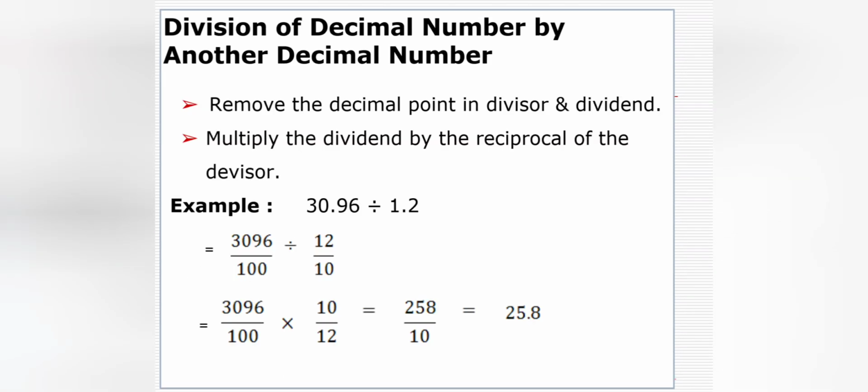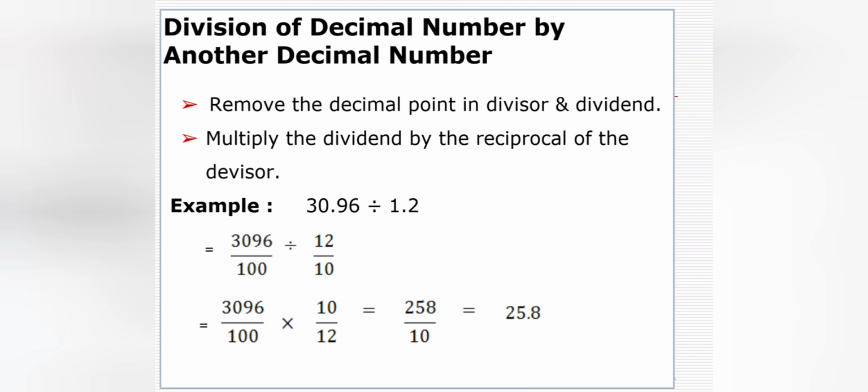Now let us discuss the last point of this chapter, division of a decimal number by another decimal number. We have to keep 2 points in mind while doing the division. Remove the decimal point in the divisor and dividend, and second, multiply the dividend by the reciprocal of the divisor. Let us understand this by one example. 30.96 divided by 1.2.